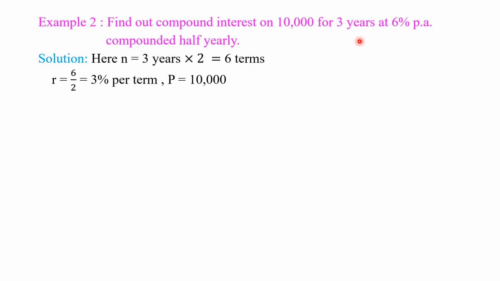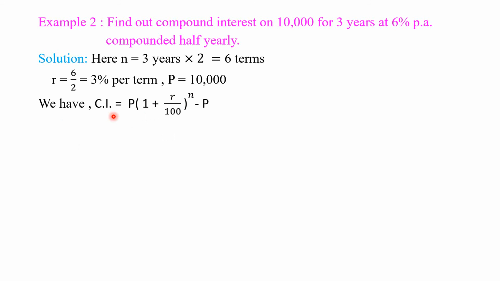Also, in this example, the rate of interest is 6% per annum, and we have to calculate for 6 terms. So the rate of interest is also divided by 2, so 3% per term, and P is equal to 10,000.